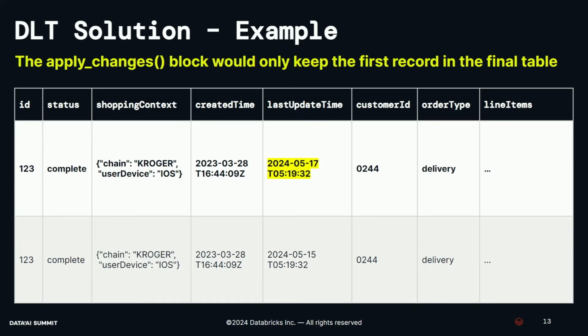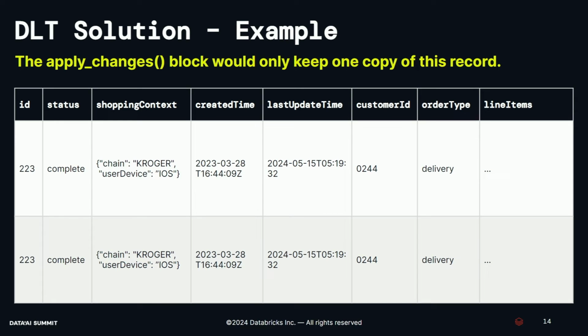So if the second record already existed, it would be updated with the first, because the last updated time is more recent. So the first record came in on May 17th, whereas the other came in on May 15th. And because we sequenced by the last updated timestamp, apply changes will pick this first record to persist or to update.